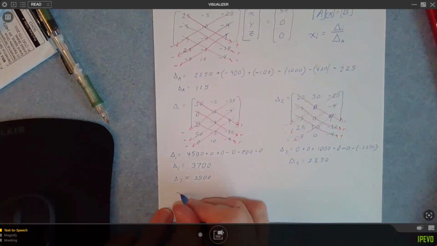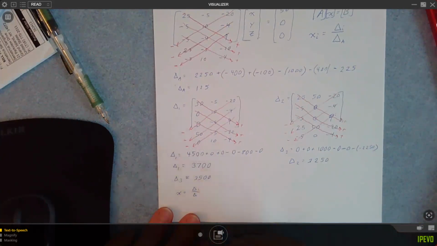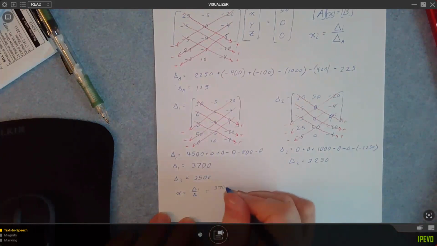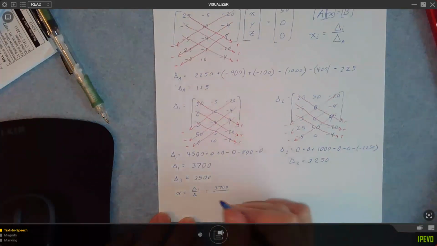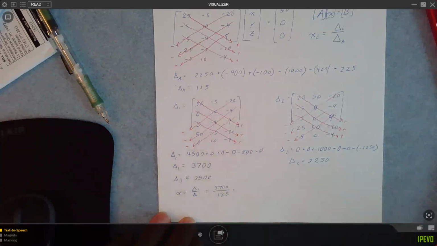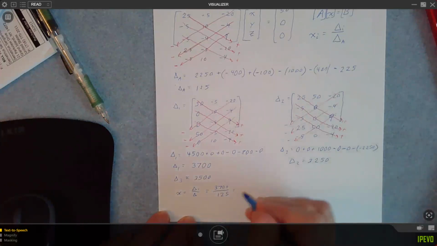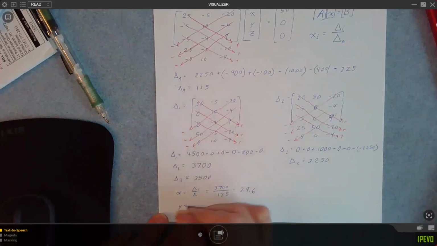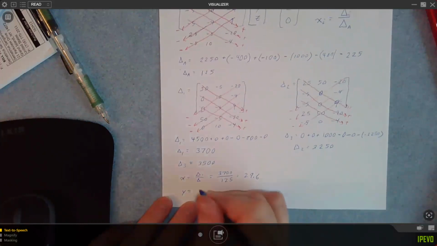So now x is just equal to delta 1 over delta. This is going to be equal to 3,700 divided by 125. It's 29.6. Y is just delta 2 over delta.